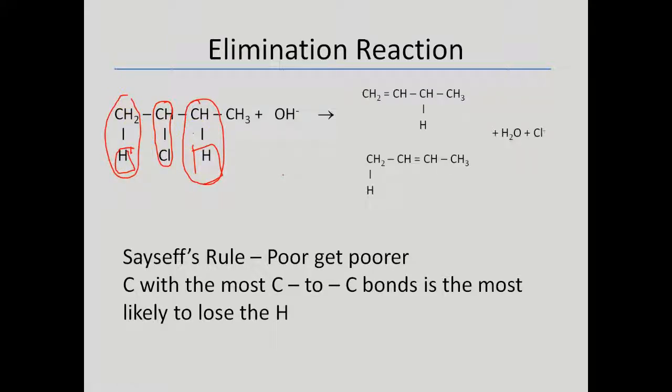As a result, when we get our two products, I'm more likely to have this as my primary product, with the carbon on the end keeping its hydrogen and the carbon that had two hydrogens losing one. So this would be my major product, but I would still get some of the other product formed.